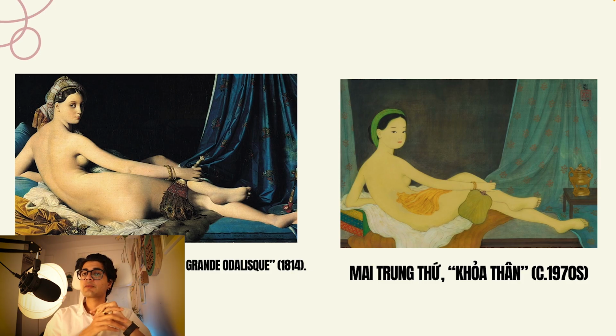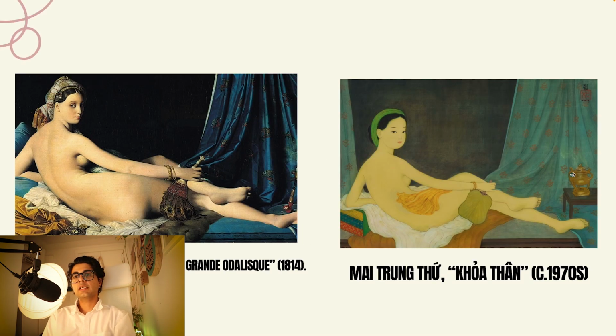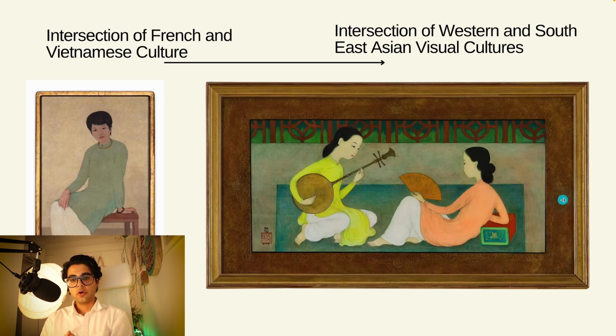He was inspired by the Western canon, the Western body, the Western art that was pivotal to him when he was educating himself as an artist. But then he is bringing a lot of visual elements and visual culture that influence his own Southeast Asian perspective into this conversation.